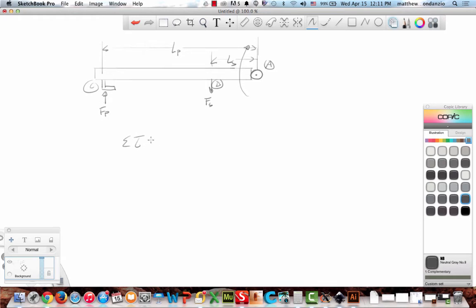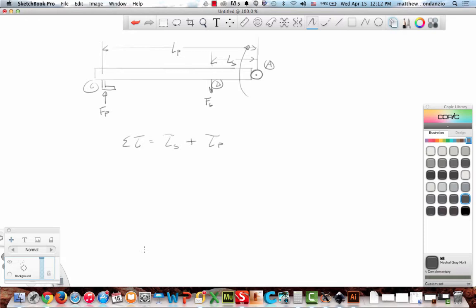Okay? So the torque is going to equal, I have two torques. What are my two torques? The torque due to what? Okay, so the sum of the torques is the torque due to my spring plus the torque due to what? The push.